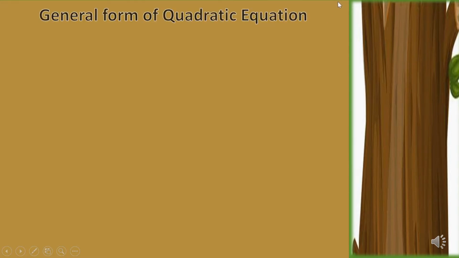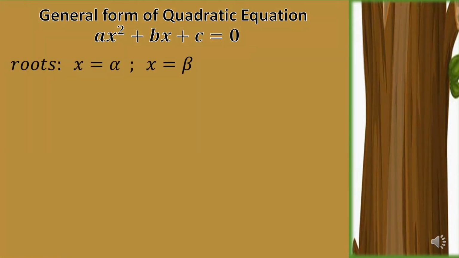Now, consider this in a more general quadratic equation, ax squared plus bx plus c is equal to 0. And suppose that the two solutions are x equals alpha and x equals beta.